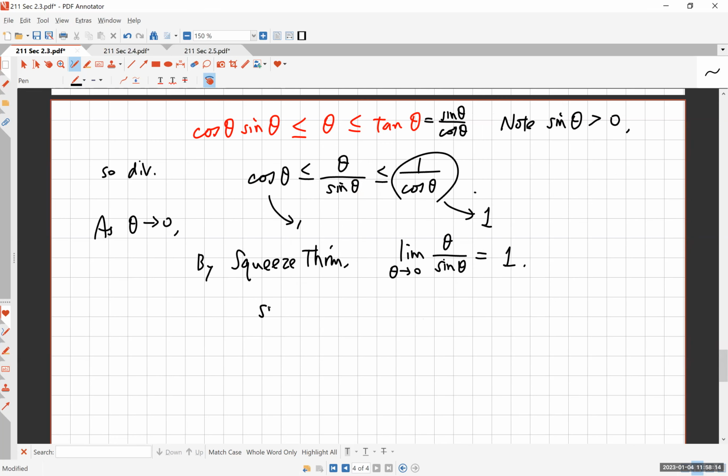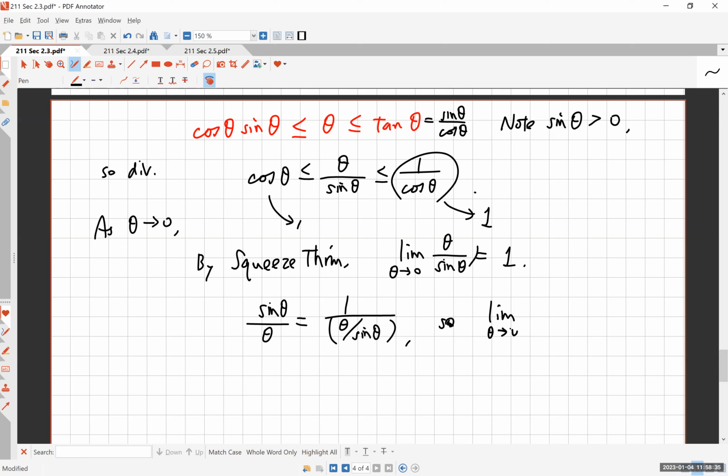Now, notice here, sine theta over theta is simply 1 over this expression. It's basically the reciprocal, and this approaches 1. So the reciprocal also approaches the reciprocal of 1, which is 1.